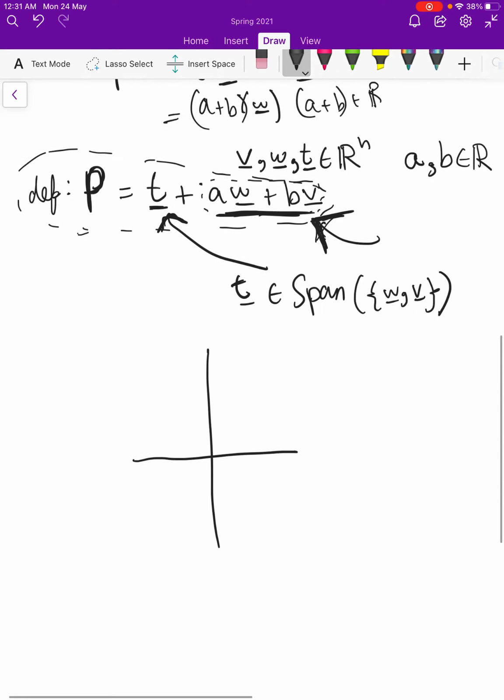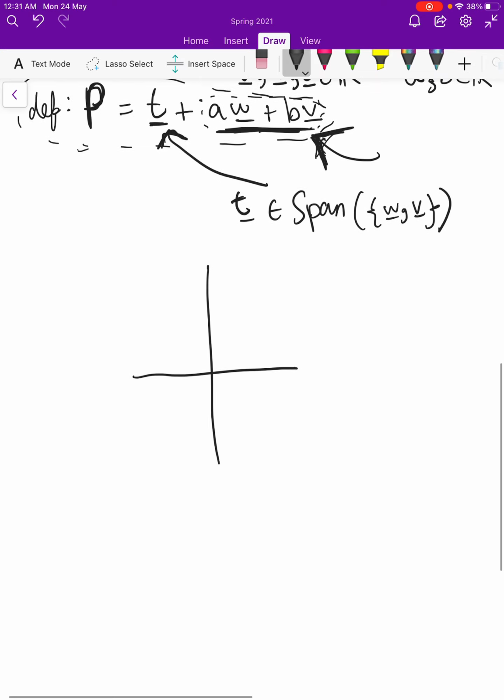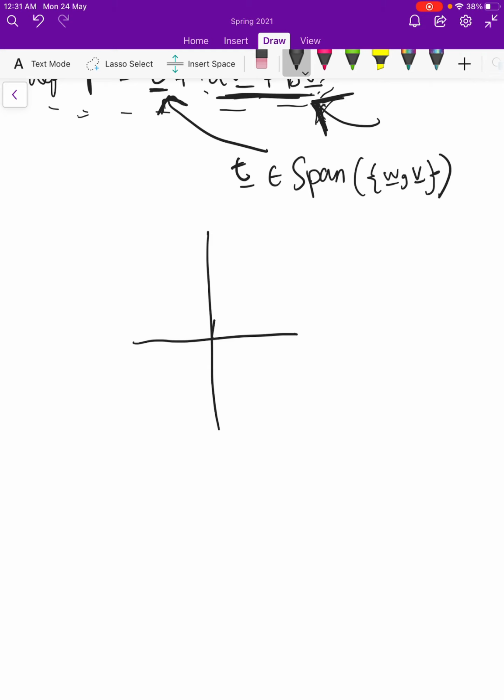So, using our vectors v, w, and t, if I have a vector v over here, and any other vector, say w over here, I can connect them with a line. Any two vectors can be connected with a line.